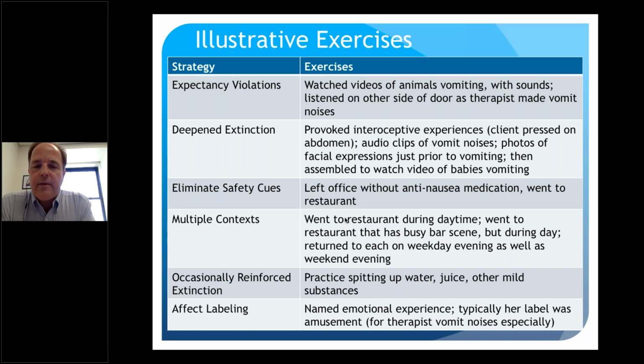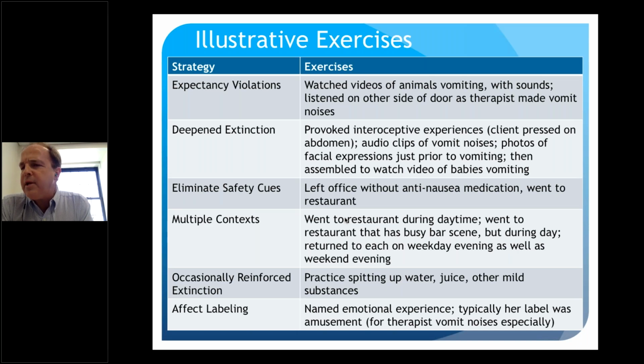We then, of course, practiced multiple contexts. So she went to restaurants during the day. If you go to restaurants during the daytime, especially on weekdays, there are more business lunches going on and things of that sort. Those are less likely to be scenarios where you might encounter people who are feeling sufficiently nauseous that they run to the bathroom and vomit.